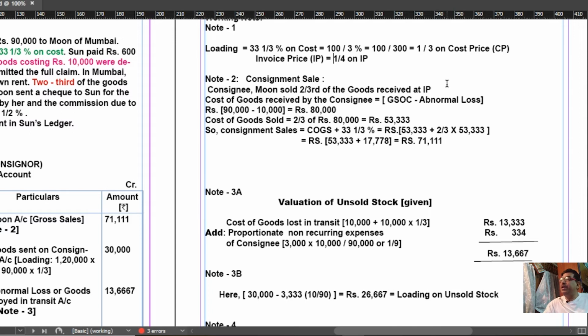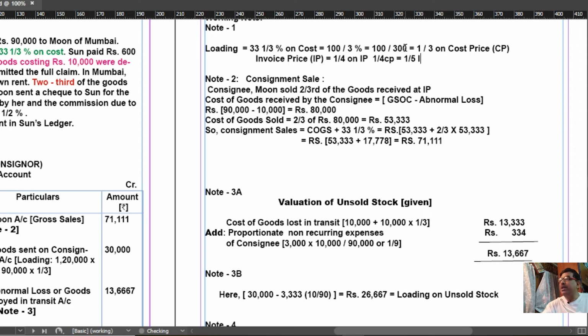And if the cost price is 1 by 4 on CP, it is equal to 1 by 5 on IP. Mind it very carefully.